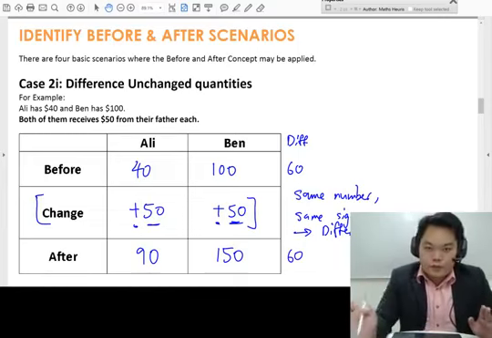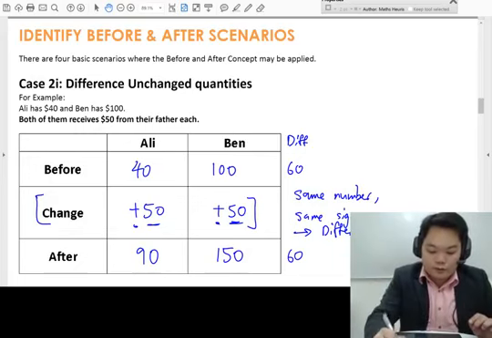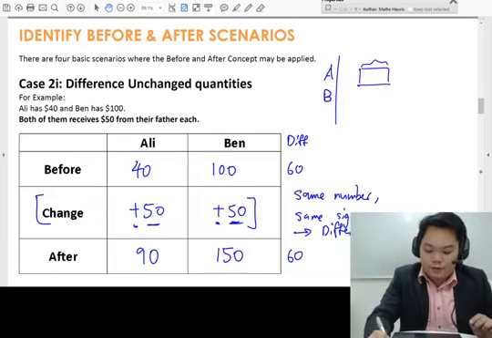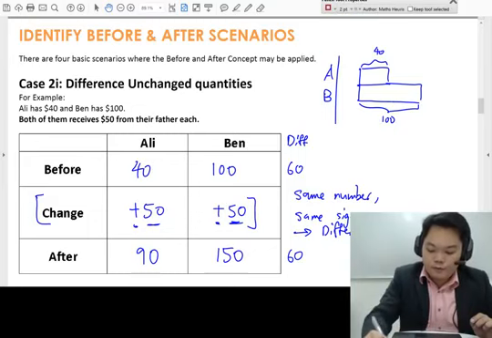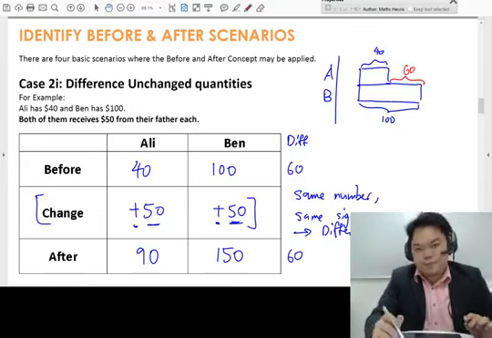Okay? So for the P-force, to visualize this, this is how it happens. Now let's say Ali and Ben are here. Ali got 40 here, and Ben has 100 over here. The difference before is 60.